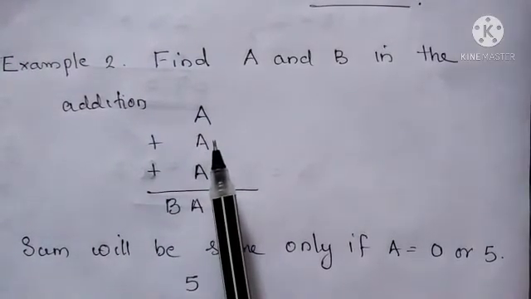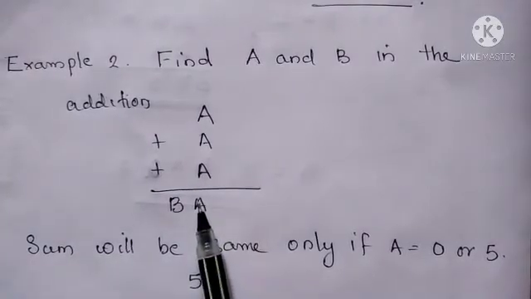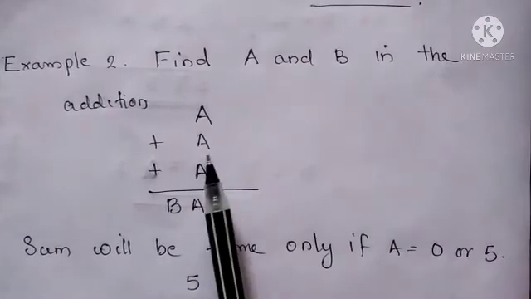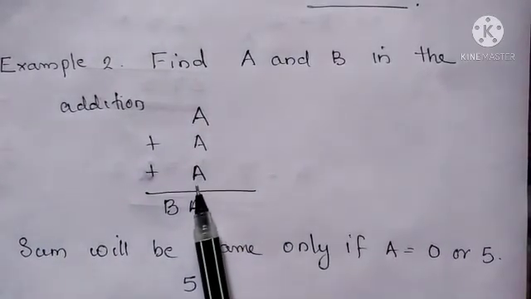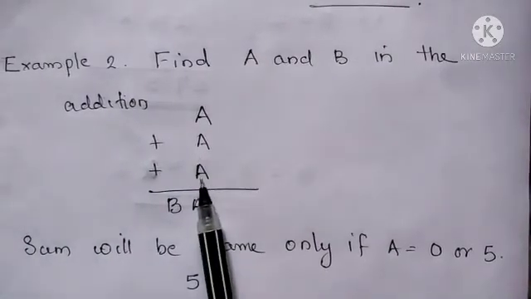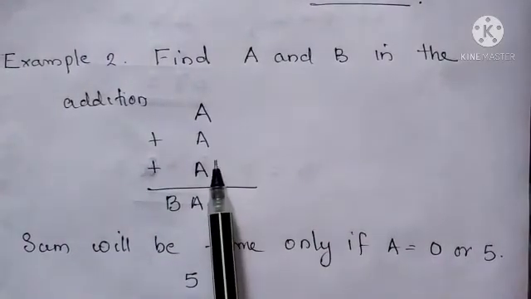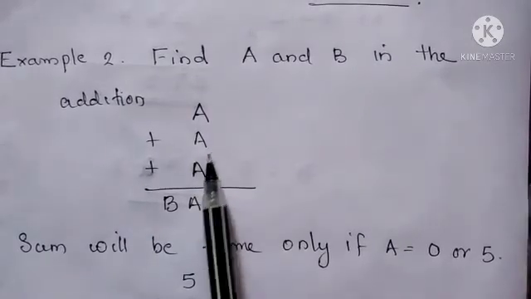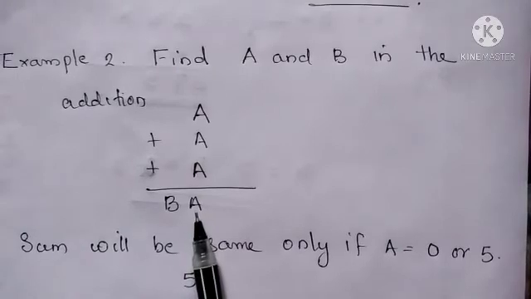We will get A is equal to 5, because 5 plus 5 plus 5 will give 15 and here B is equal to 1. If any other digit, for example 2 plus 2 plus 2, it will not be 2. Or any other digit 2, 3, 4, 6, 7, 8, we won't get the same digit after addition.